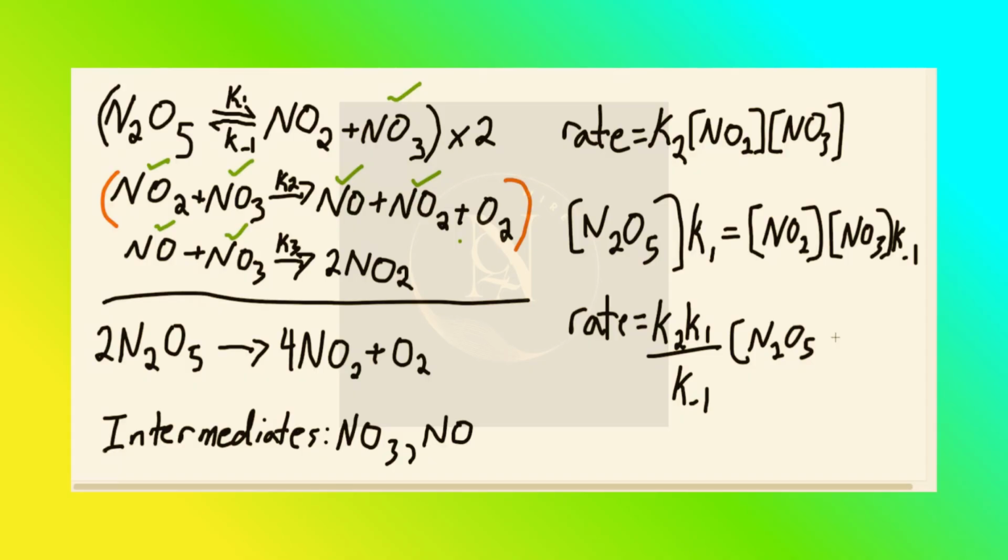And this is consistent with the predicted rate law, which is that it is proportional to just N2O5, which is awesome. That's what we like to see. And this has actually gone ahead and solved the last part of this question for us, which gets us K1, K2 over K minus 1.